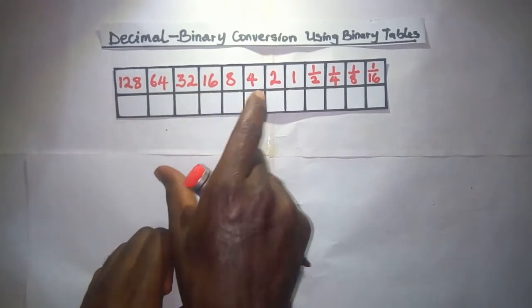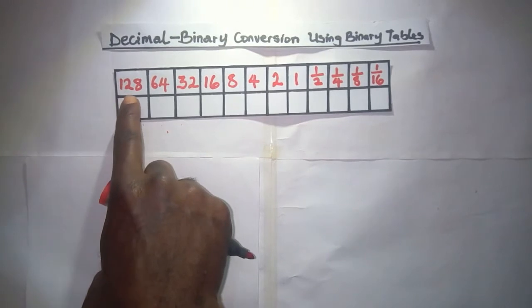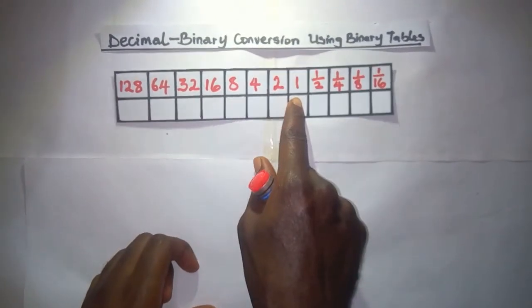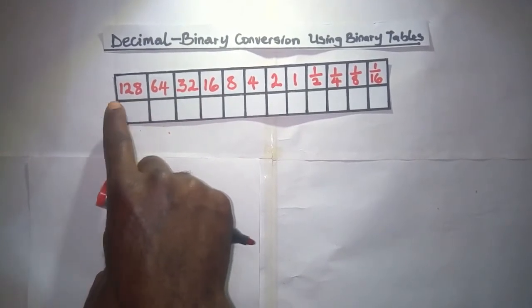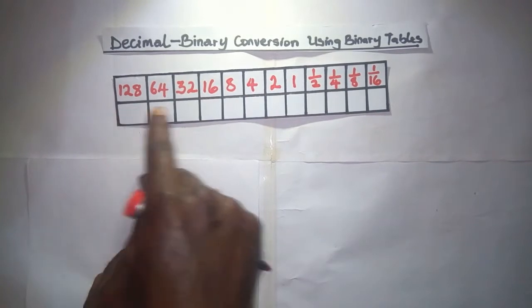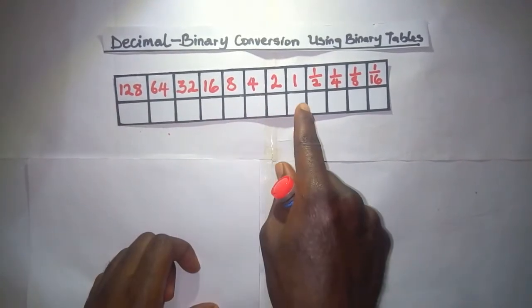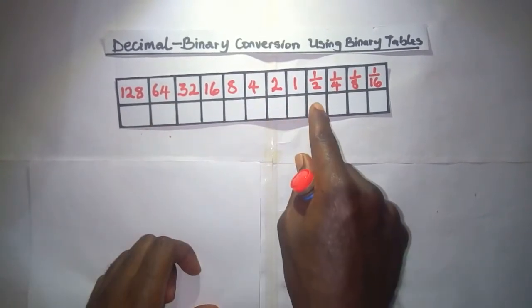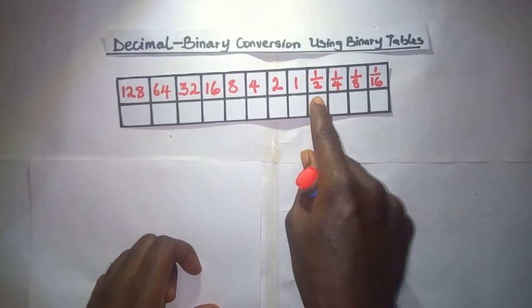And if you have a very big number to convert, you may need to multiply 128 by 2 to give you the next number. Now from this 1 up to this 128 and above, it is for whole numbers. When you are converting whole numbers, you make use of from 1 up to this point here, while this side here is used for conversion of decimal fractions.